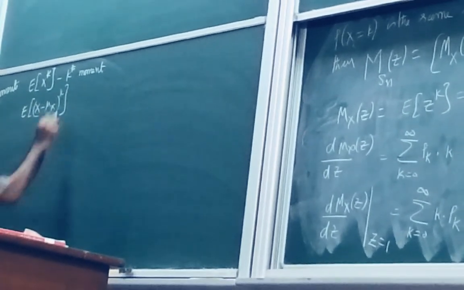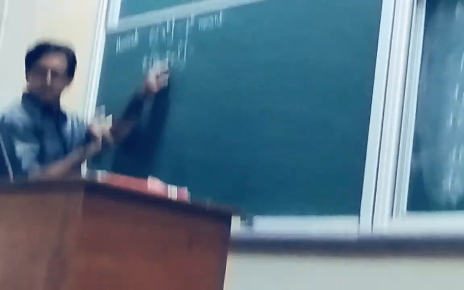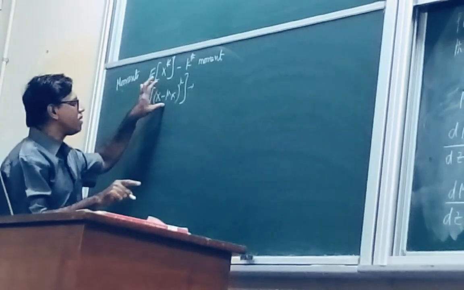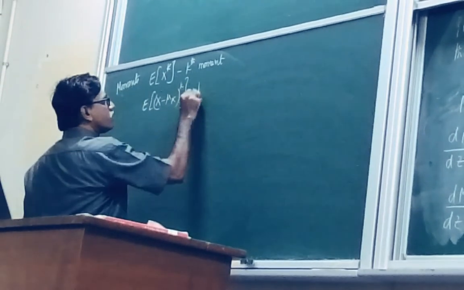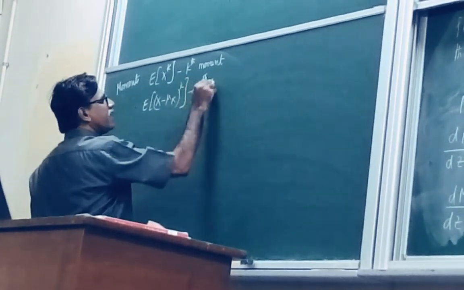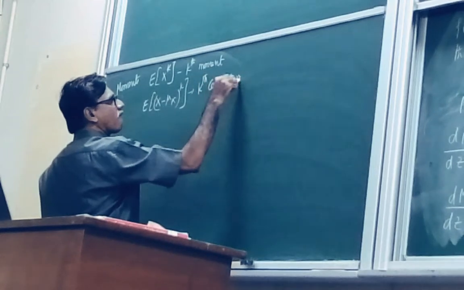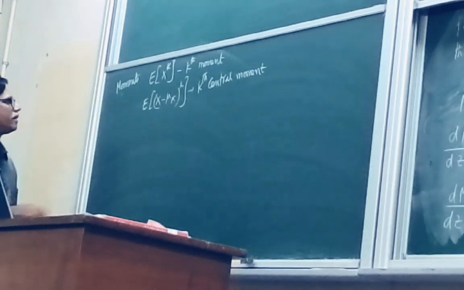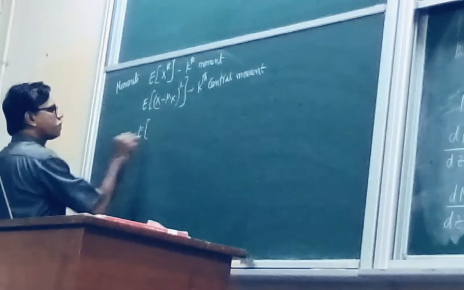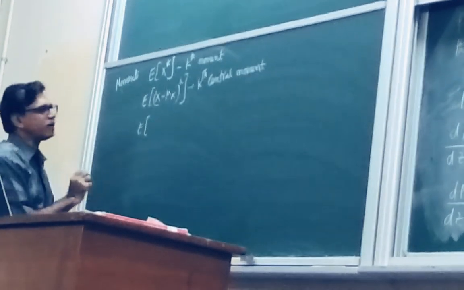Wherein we subtract the first moment from the random variable and take the kth power and then take the expectation, that is called the kth central moment. Now we have a third moment, which is the expectation of, it's a factorial moment. What is it?